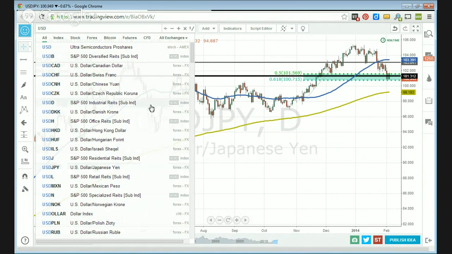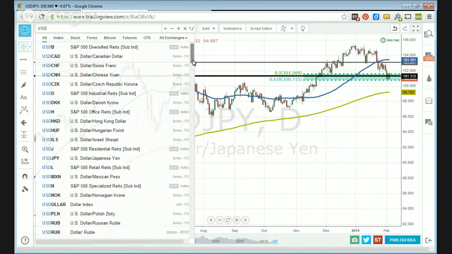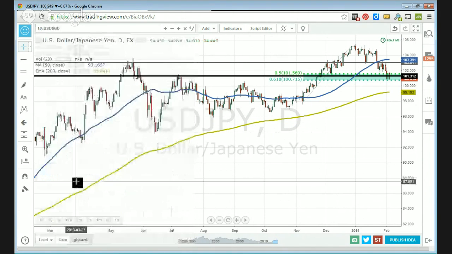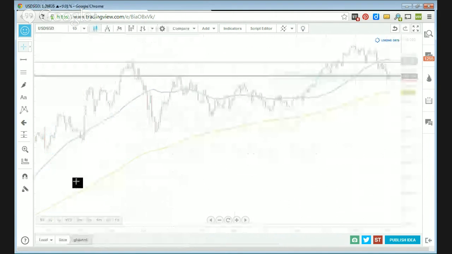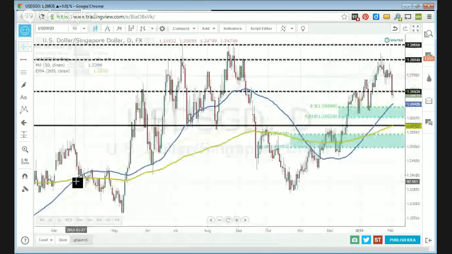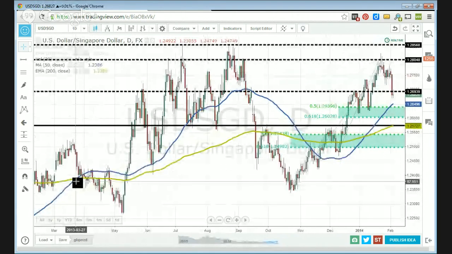Oh, dollar Singapore. That's what I want to look at. Dollar Singapore. Okay, huge decline in this yesterday, and today we have our doji pattern. Is it an opportunity to enter? That is the question.